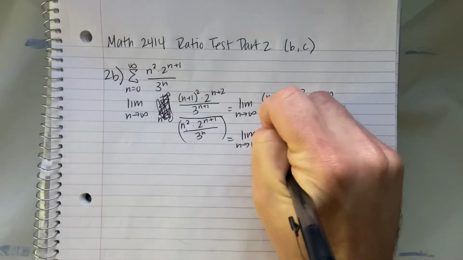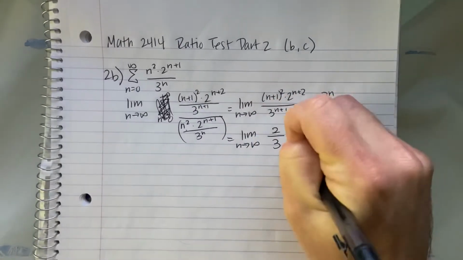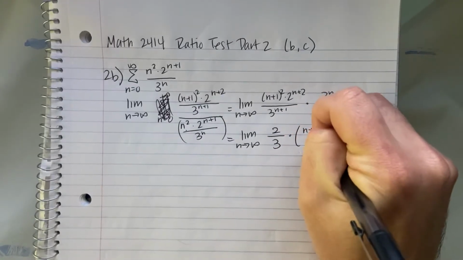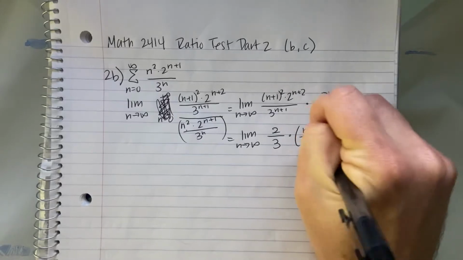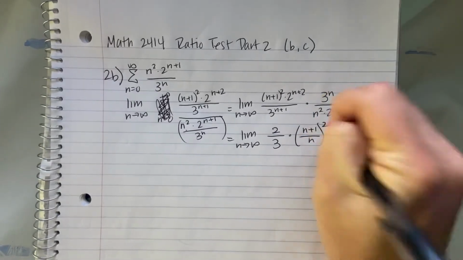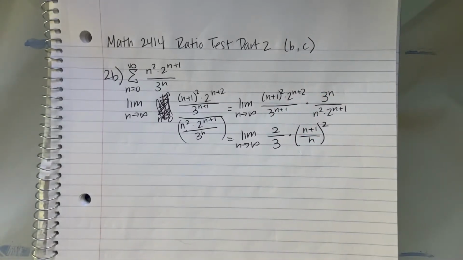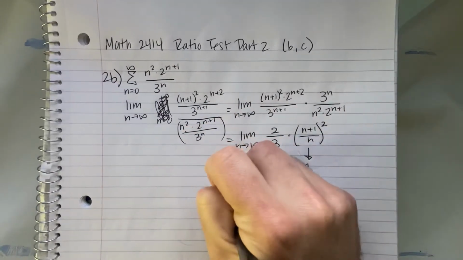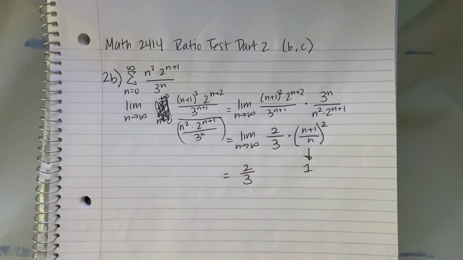So we've got 2/3 times n plus 1 squared over n squared. This is going to go to 1, so this whole thing equals 2/3.